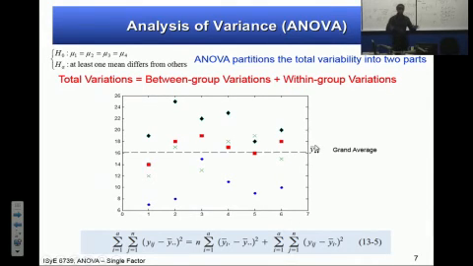The grand average means all observations together, take one average. So I can use this and calculate the total variation. And this is the equation for total variation. Each observation minus the grand mean, and summation over the number of levels or populations and the number of samples. Basically, subtract each point from the grand average, square that, and add them up. That's it. That's total variation.